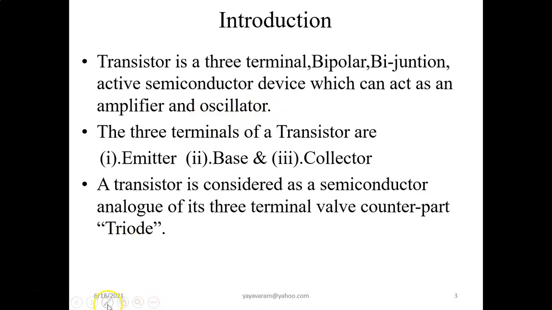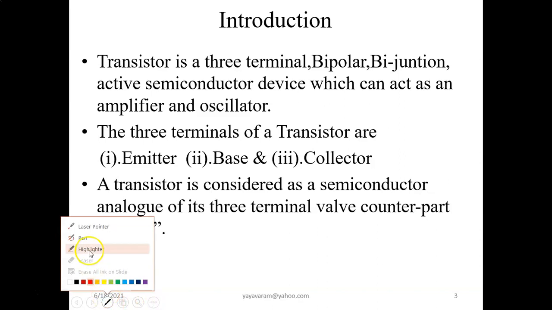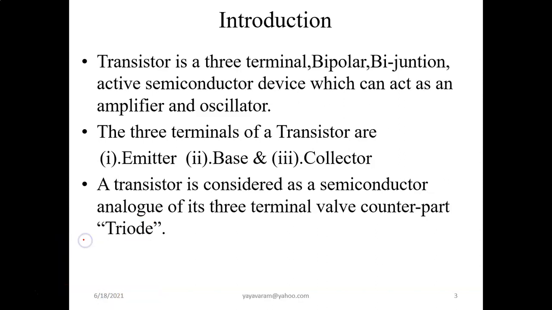Actually, when you take up this little bit of introduction, let me take the pen. So far we have already covered, I think many of you know, the two-terminal semiconductor device, that is your PN junction diode. This is a PN junction semiconductor device which is popularly known as diode.